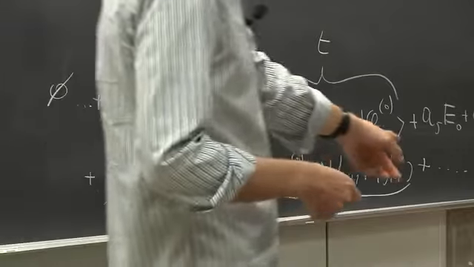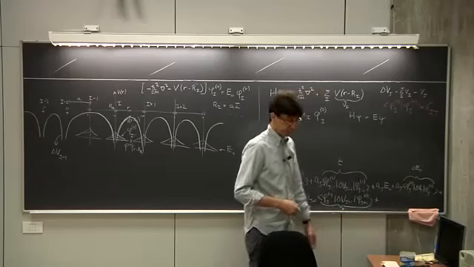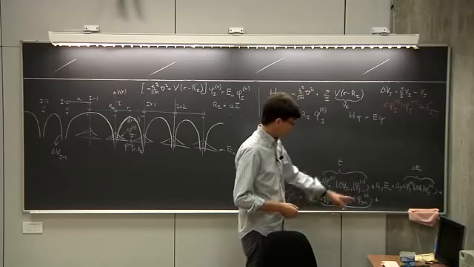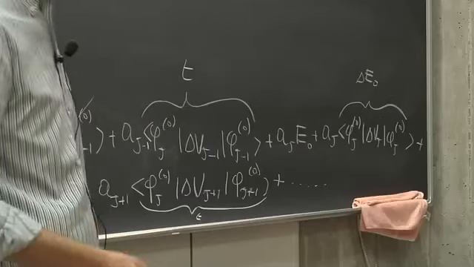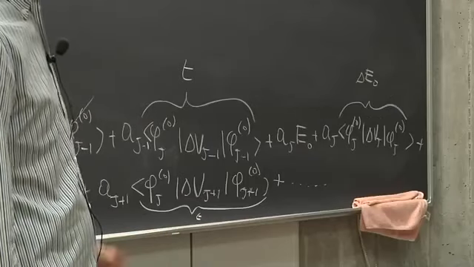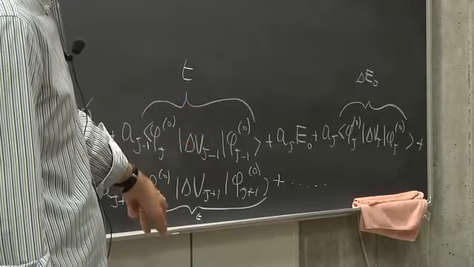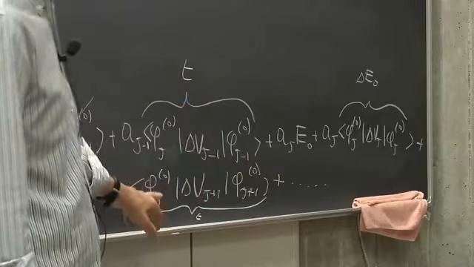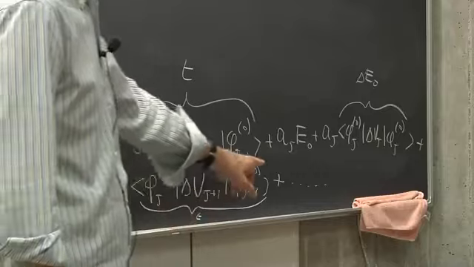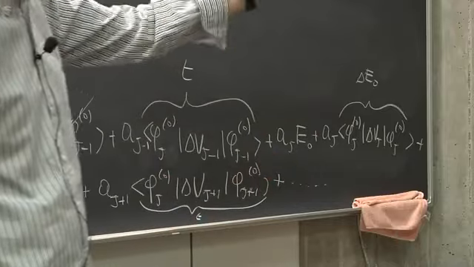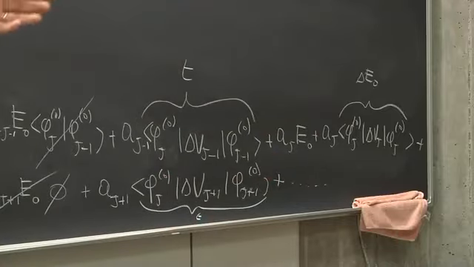Same argument for the dots here. All the additional terms in this expression will be expressions of the type phi j plus 2, phi j plus 3, phi j plus 4, and so on and so forth.